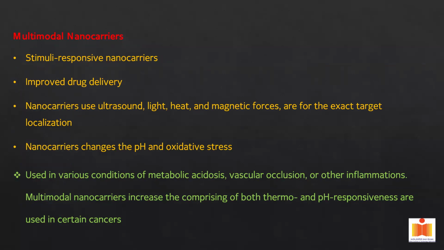And then nanocarriers are also using ultrasound, light, heat, magnetic forces. They are used for exact target localization. So nanocarriers change the pH and oxidative stress. This is an important entity which has to be kept in mind. And with these changes of oxidation and pH, ultimately, it will result in metabolic acidosis or vascular occlusion or other inflammations.